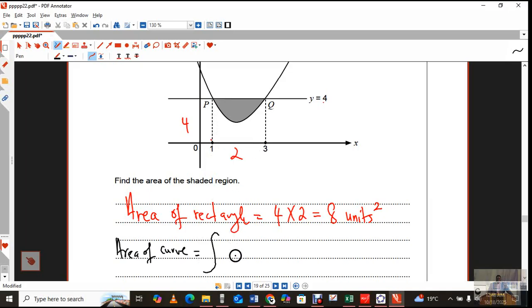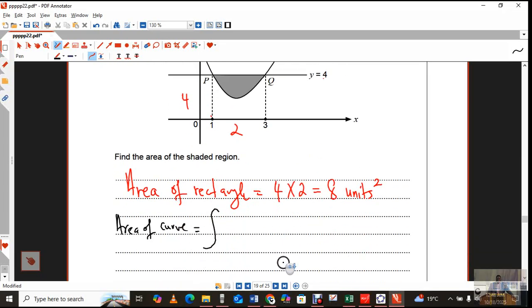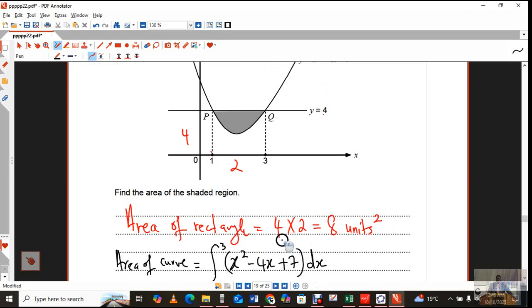That function is x squared minus 4x plus 7, integrating x squared minus 4x plus 7 dx from 1 up to 3. That's the area under the curve.